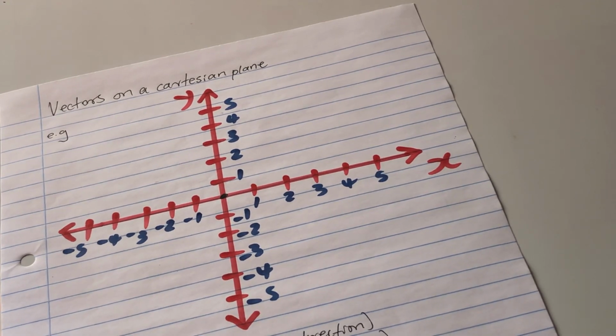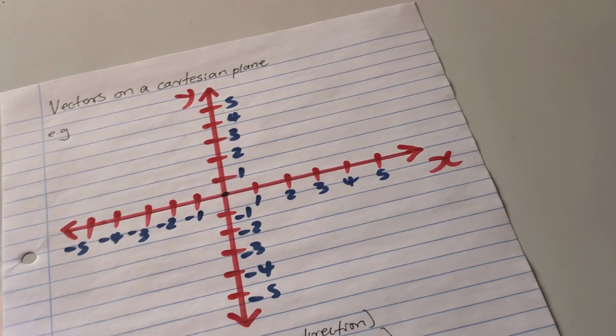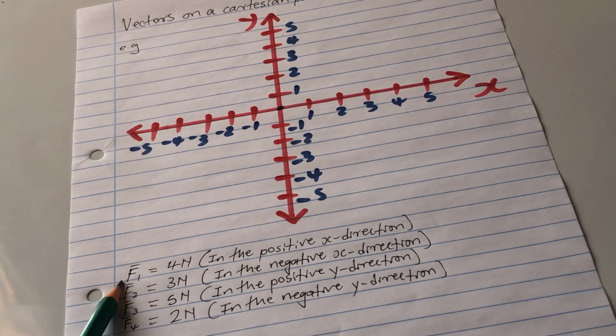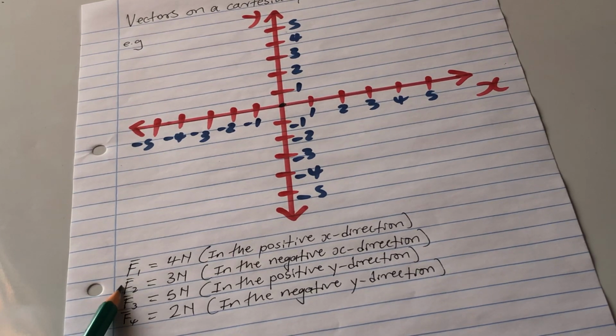So, the aim for today's lesson is to learn how to draw vectors on a Cartesian plane. I'm going to put 4 vectors on the Cartesian plane that is in front of you. I'll put F1, F2, F3, and F4.